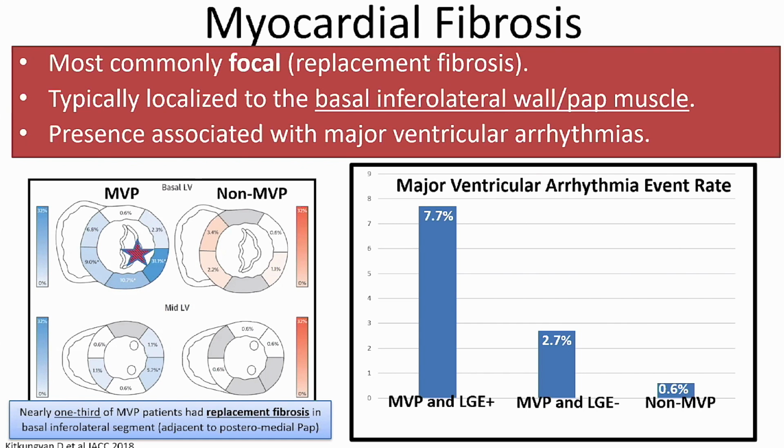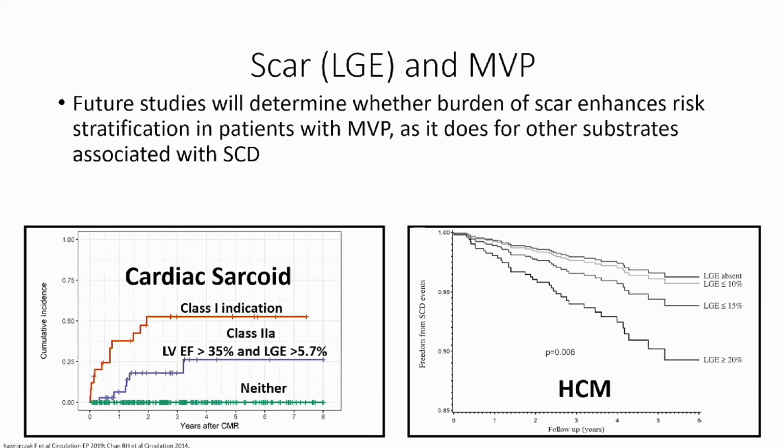In this study, the incidence of major ventricular arrhythmia events was 7.7% in patients with MVP and LGE present, which was significantly higher than MVP patients without scar or MR patients not due to MVP. Future studies will need to determine whether the burden of scar enhances risk stratification in MVP patients as it does for other substrates associated with sudden death, for example, cardiac sarcoidosis and hypertrophic cardiomyopathy.